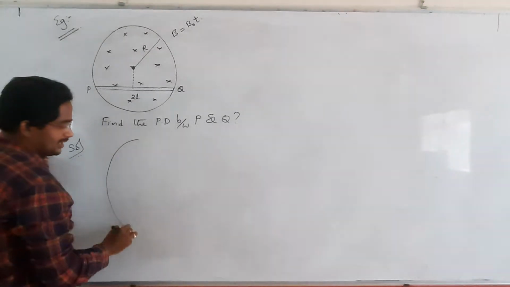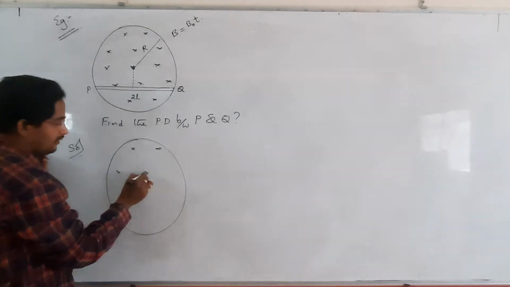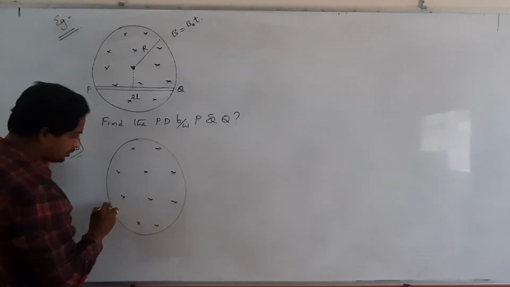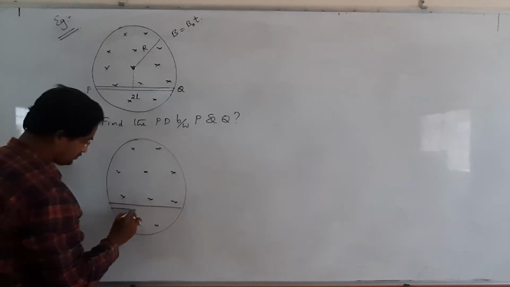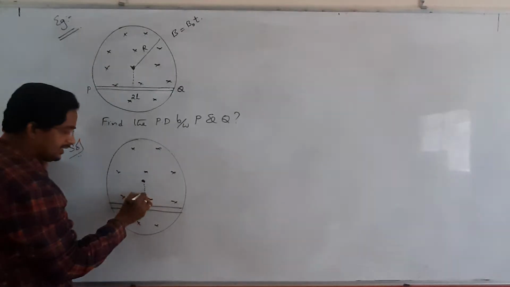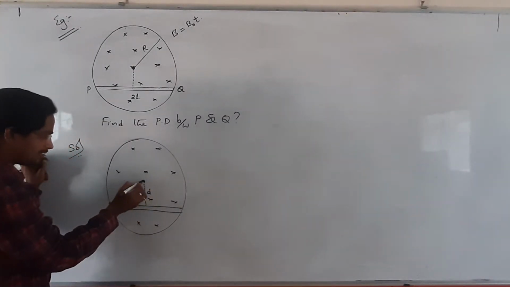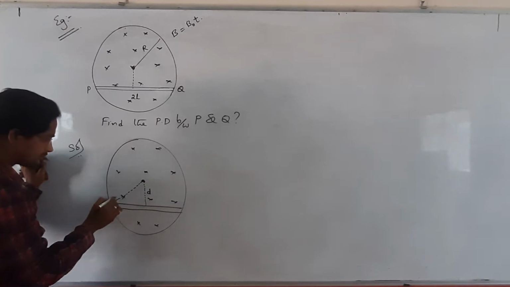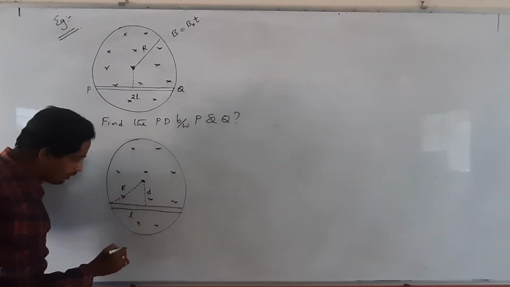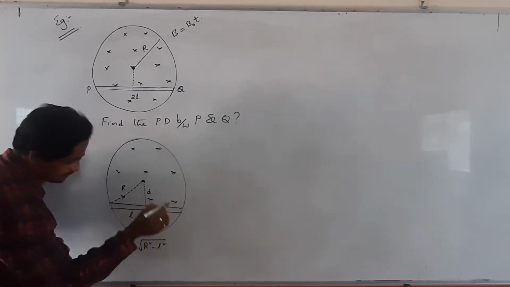Here, this is a circular region of field in which we place the rod of length 2L. From the center, let the distance of this rod be D, and the radius is R. Then L is half the rod. Then the D value here is root over R square minus L square.